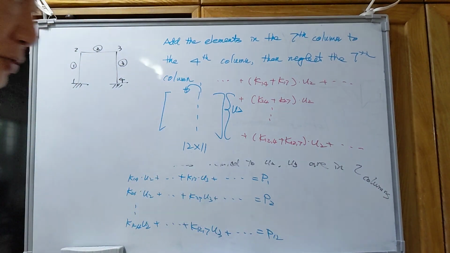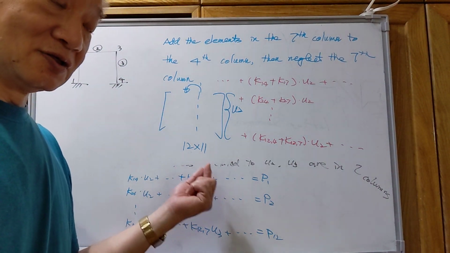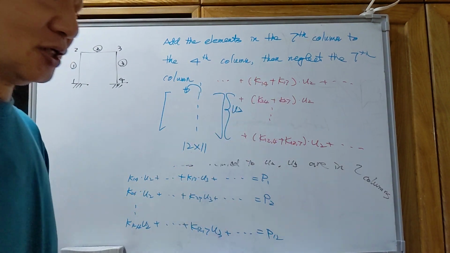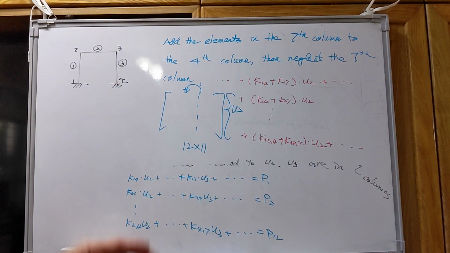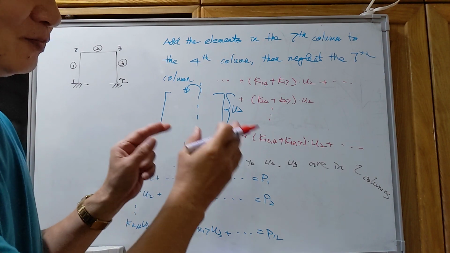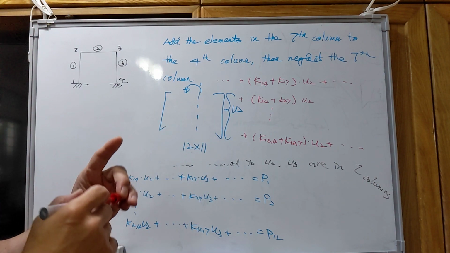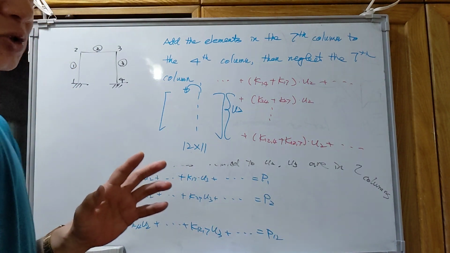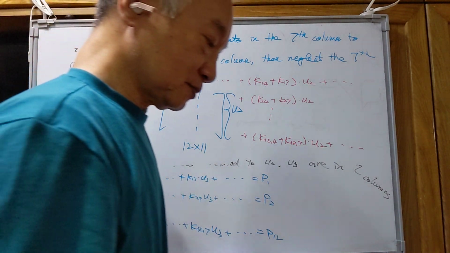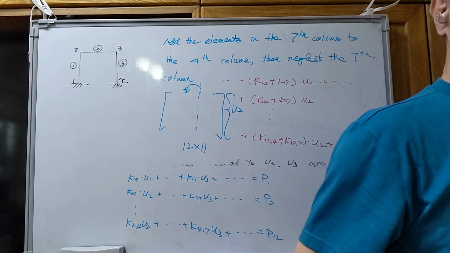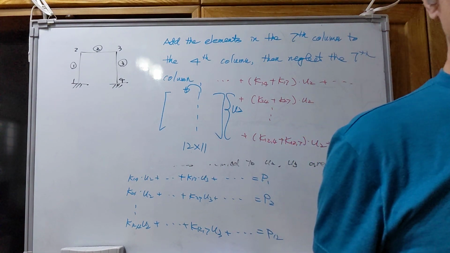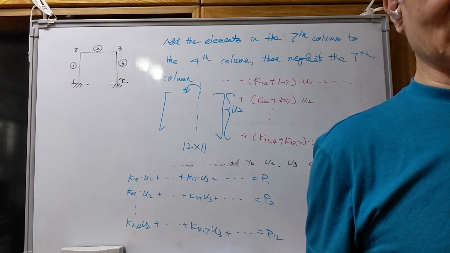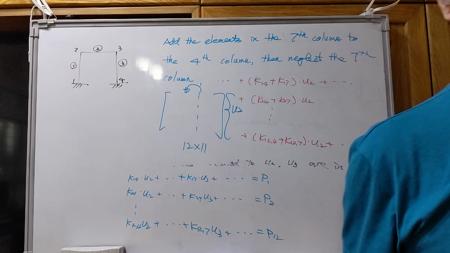Okay, since we know U2 is equal to U3, if we add the corresponding two elements together for the fourth column and the seventh column, the results will not be changed, since K14 and K17 are multiplied by the same value of U2 or U3.